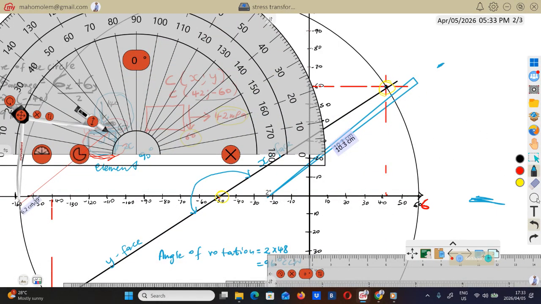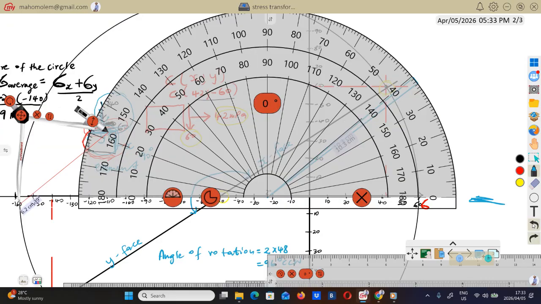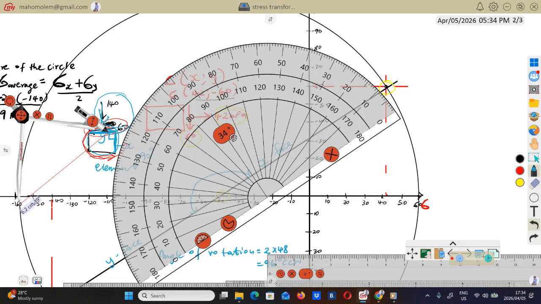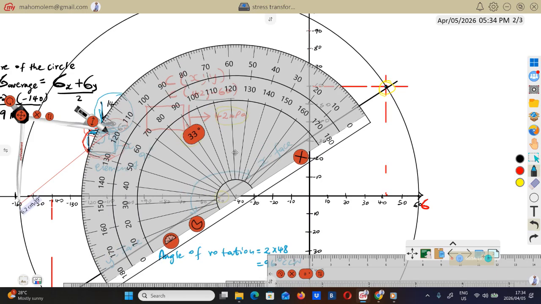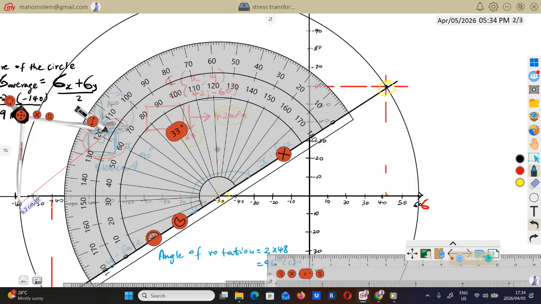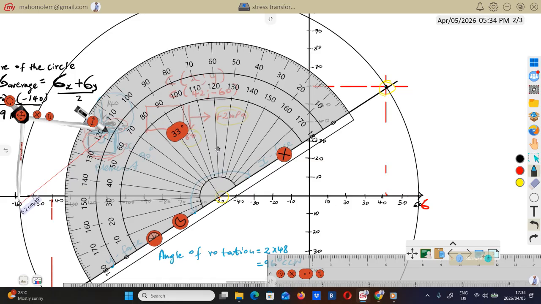Let me remove this. Good. So our 0 now is on this x face.